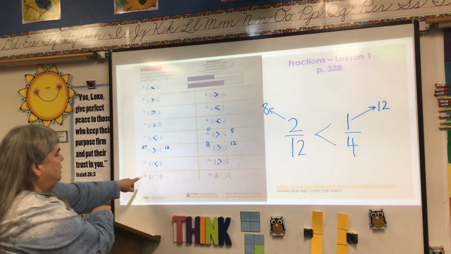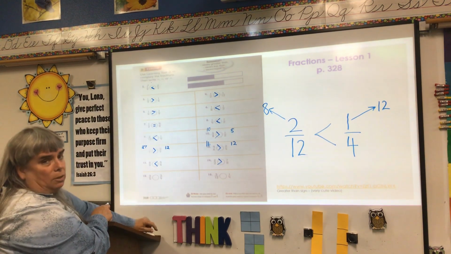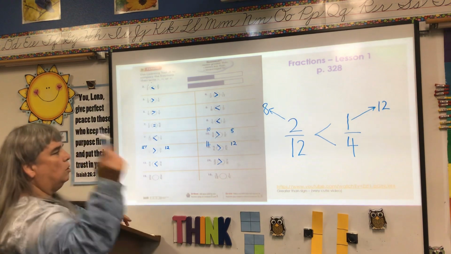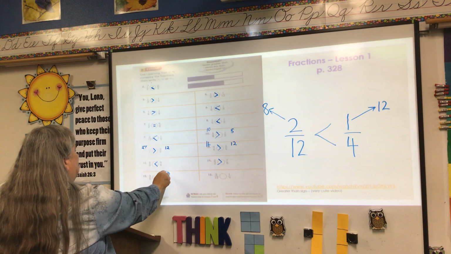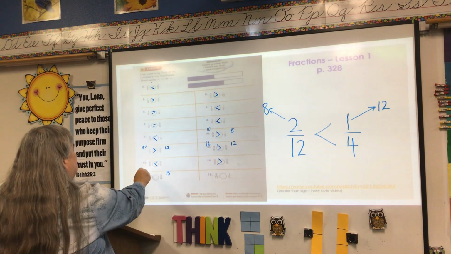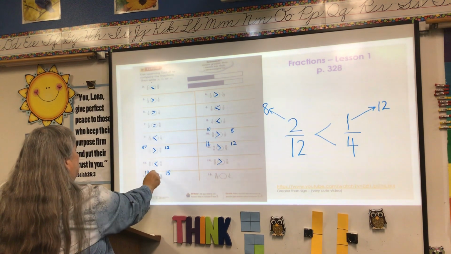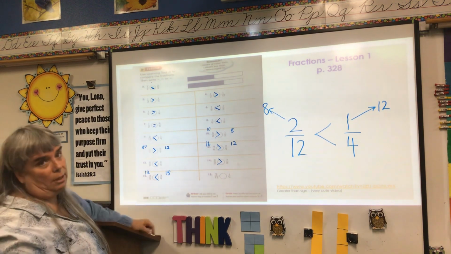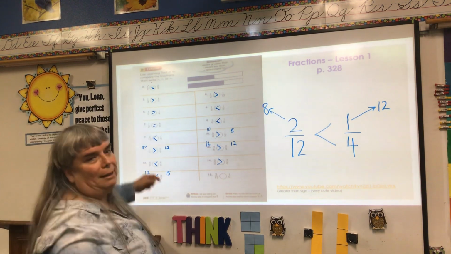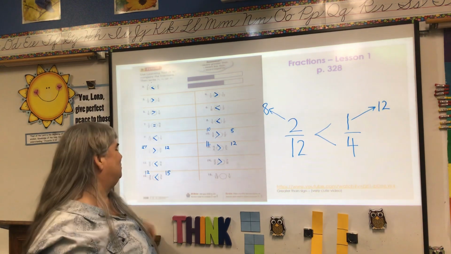Okay, so once again, we have the same number on the top, but different numbers on the bottom. So we're going to do our crossing swords again. 5 times 3 is 15. 4 times 3 is 12. So we know that 3/4 is bigger than 3/5. Last one.